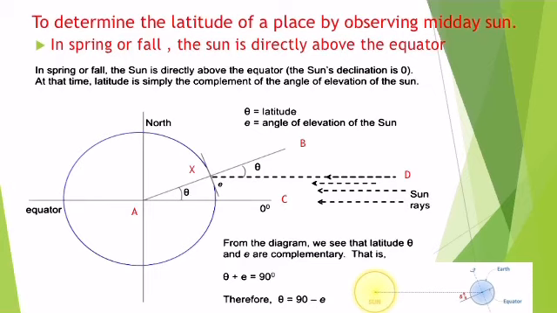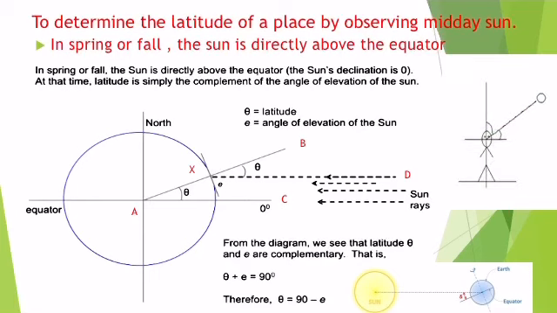But in reality we cannot draw a line from the center of the earth, right? So what we need to first find out is the angle of elevation of the sun. Now, this is a very simple method. Say a person is standing on the earth and he looks at the sun.